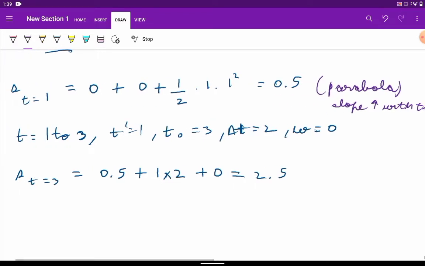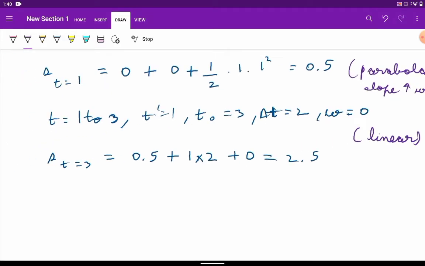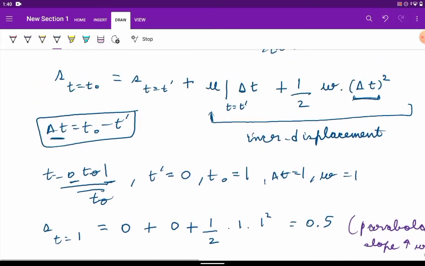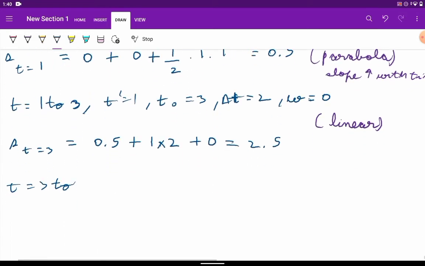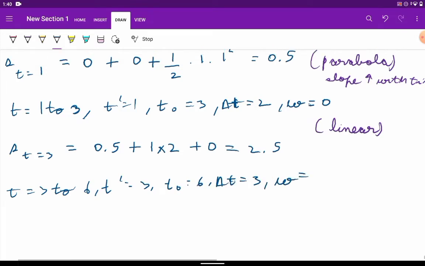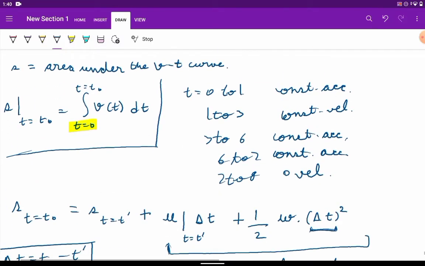From t equal to 1 to t equal to 3, the shape will be linear because it's constant velocity. Now from 3 to 6 you have some constant acceleration again. So t dash equal to 3, t naught equal to 6, delta t equal to 6 minus 3, which is 3, and w for this span, 3 to 6, is minus 1.